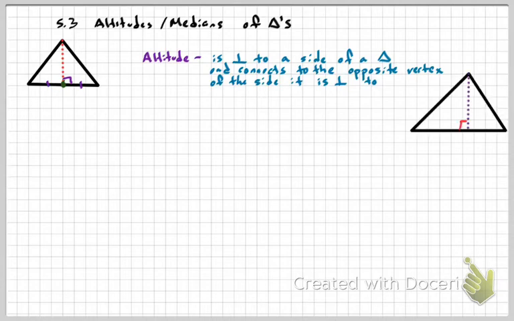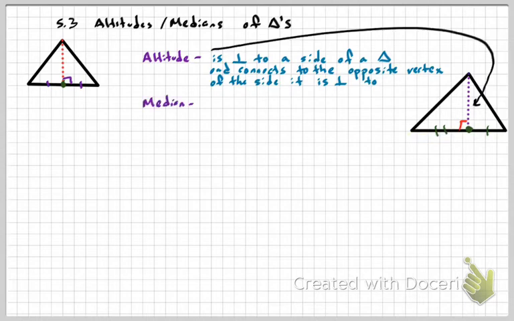So that diagram on the right, this length could be different than this length, which means our green point is not necessarily a midpoint, but that's a good example of what an altitude is. It has to be perpendicular to a side, and it has to connect to the vertex opposite the side it is perpendicular to, okay?